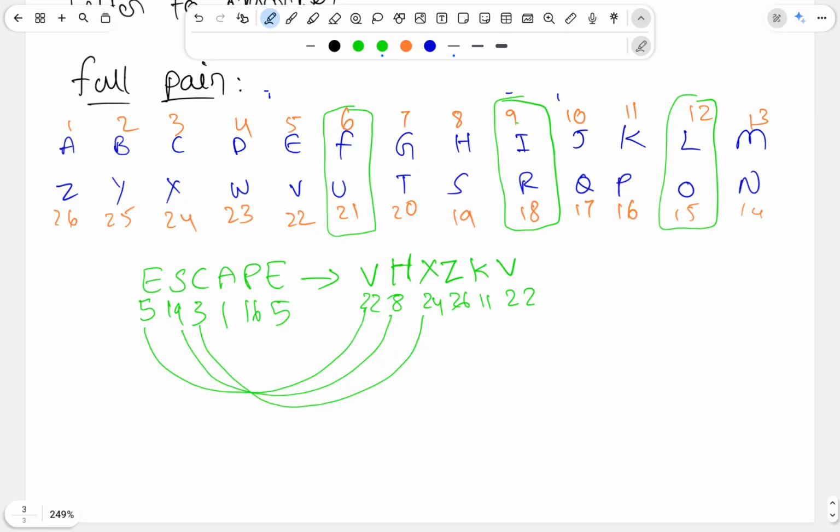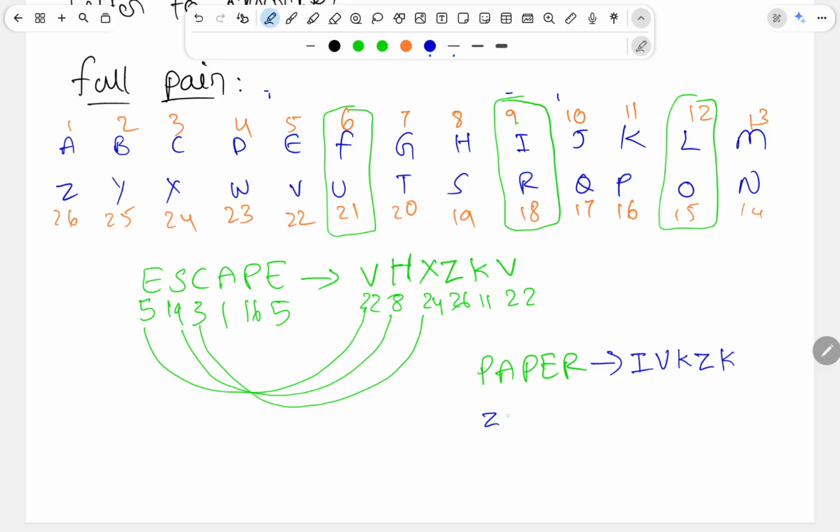Then how can the question be asked? Suppose they give like, paper is coded as I, V, K, Z, K. How is it coded? In what way?